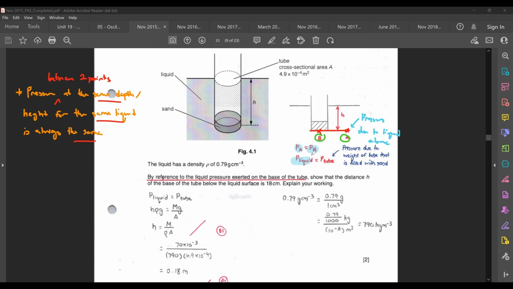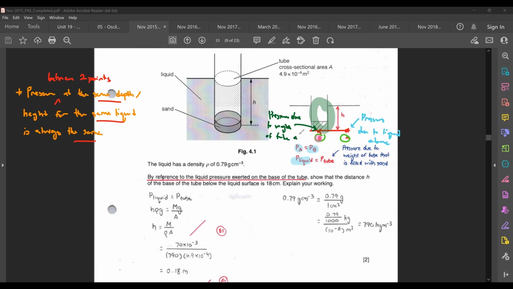But if I'm talking about pressure at point B here, it's actually the pressure exerted by whatever is above it. This is the pressure exerted by the tube. Okay, so this one, the pressure at point B is the pressure due to weight of the tube above it.